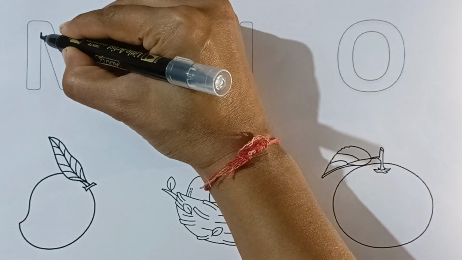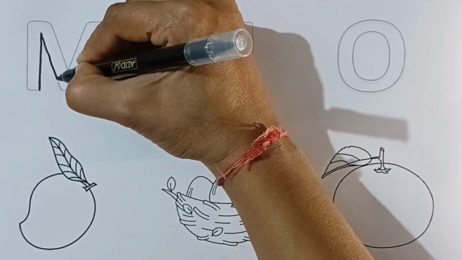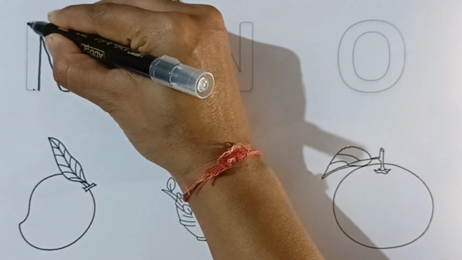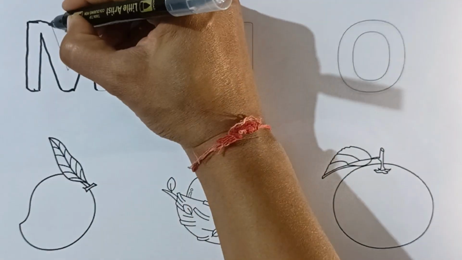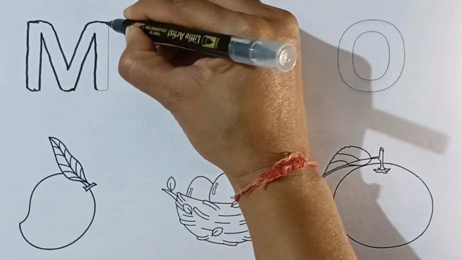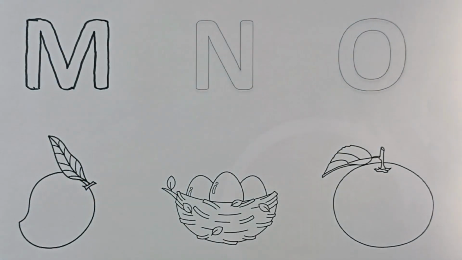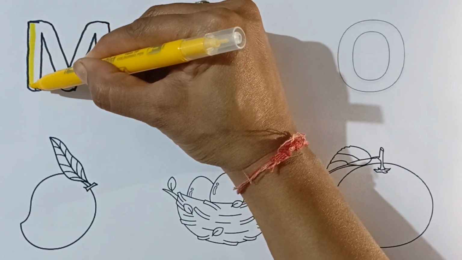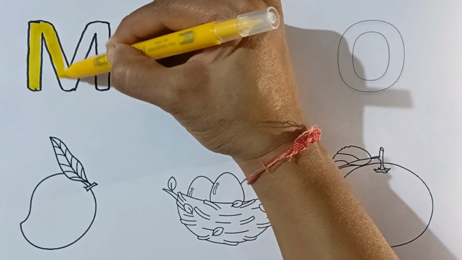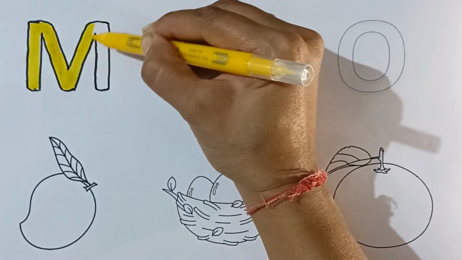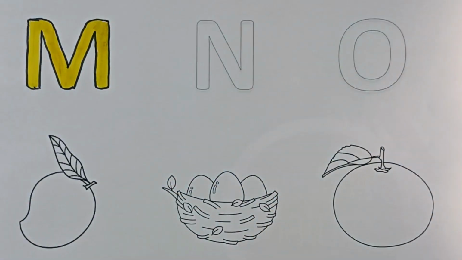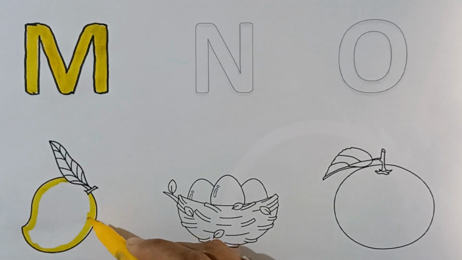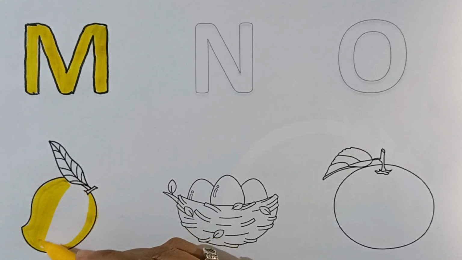M for mango. This is a yellow color. M for mango.